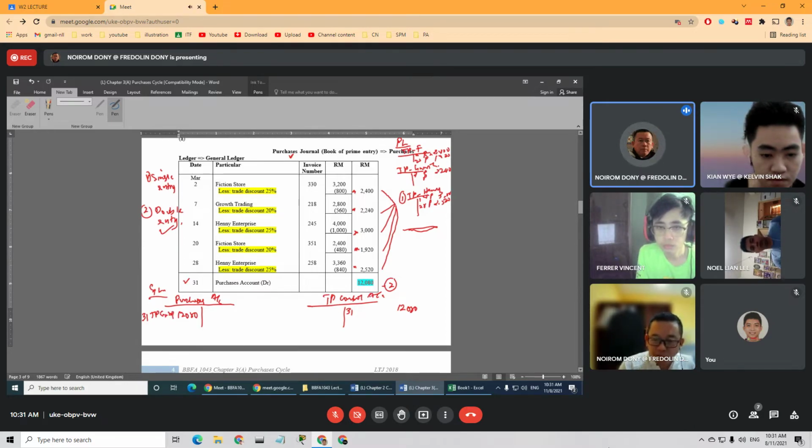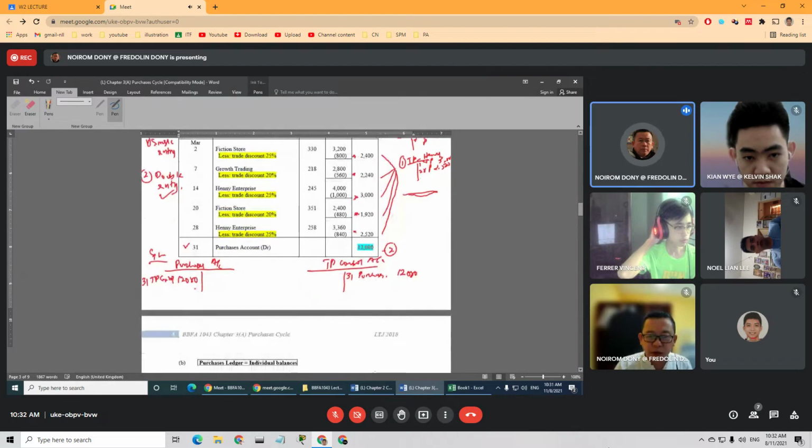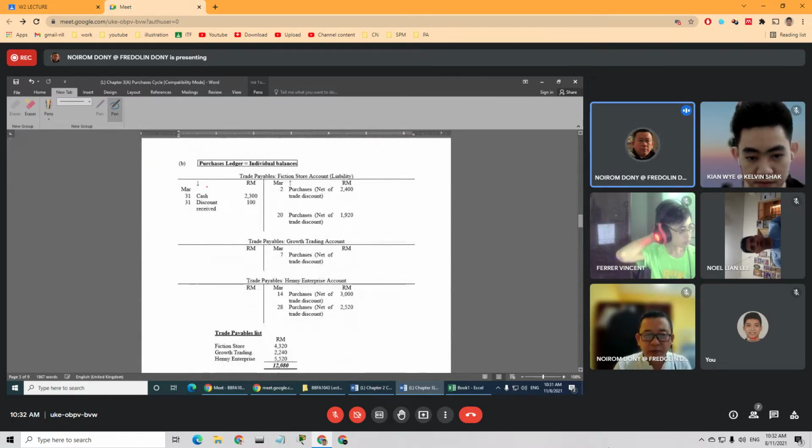And in the trade payable control account, the name of the account that is being debited is purchases. That is why in the purchases ledger, individual balances, you are recording like this.